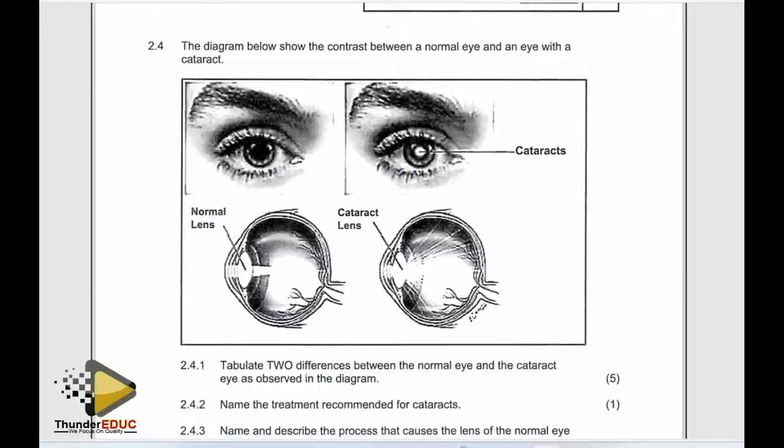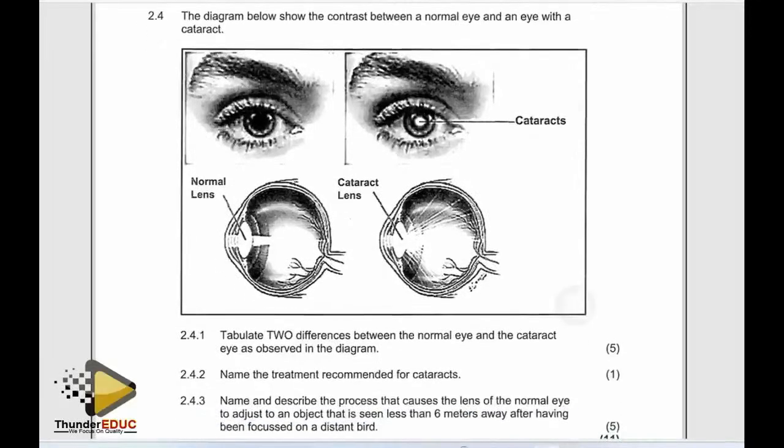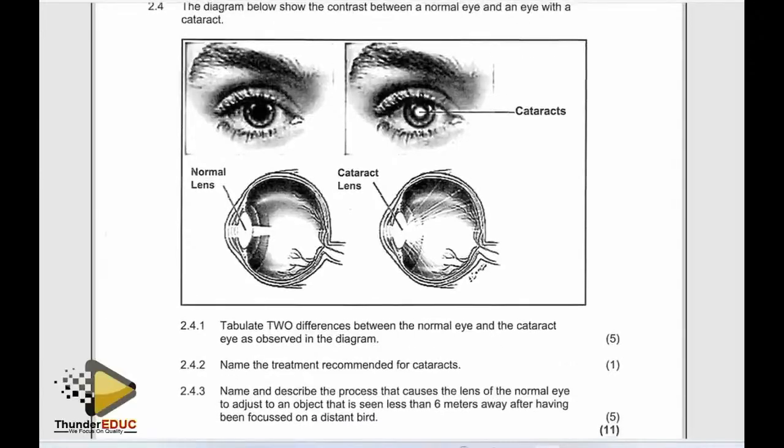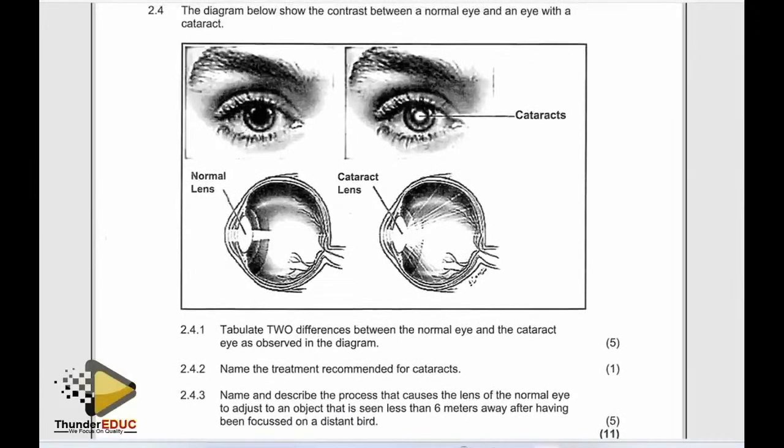The next question is about the eye. The diagram shows the contrast between the normal eye and the eye with cataracts. Tabulate the difference between the normal eye and the cataract. In this case, we just have to look at the differences, what you see here. Basically, the lens is clear in the normal eye, and in the cataract eye the lens is cloudy. Just that you have a black and white copy.